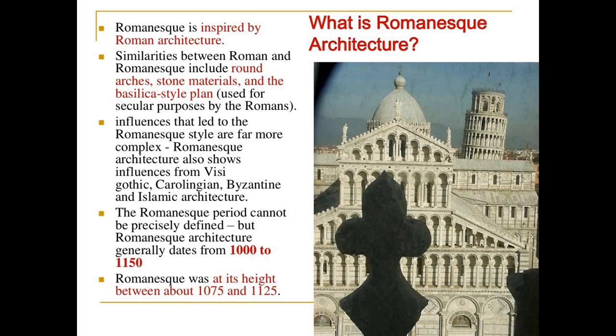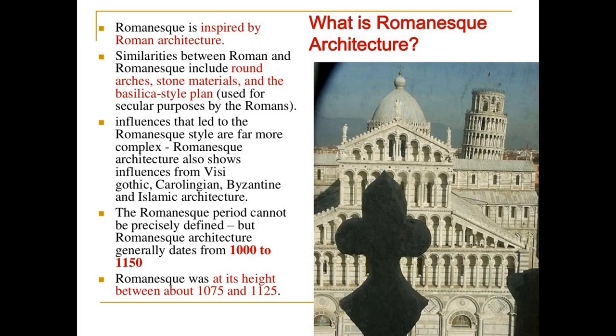Also, we can notice that in Romanesque architecture there were some influences from Visigothic, Carolingian, Byzantine, and Islamic architecture. So we can't say that this is pure. This is a style that gave its own interpretation of the ancient Roman tradition, for example. So yeah, it had some elements from different cultures.